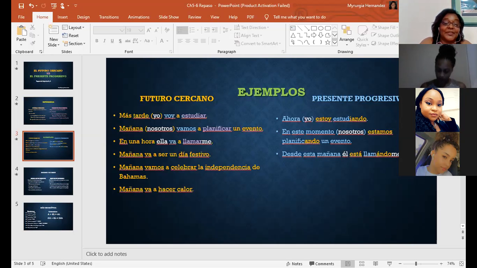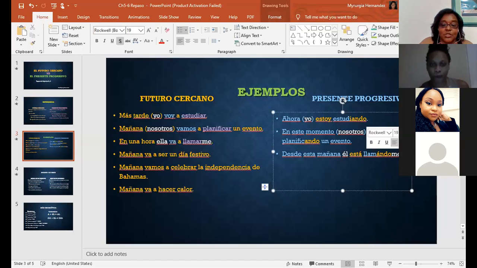You can only use it after estar. Estar, so you're doing the action right now, right there. Estar, right? So, ahora estamos estudiando español, ¿sí o no? Sí, estamos estudiando español.